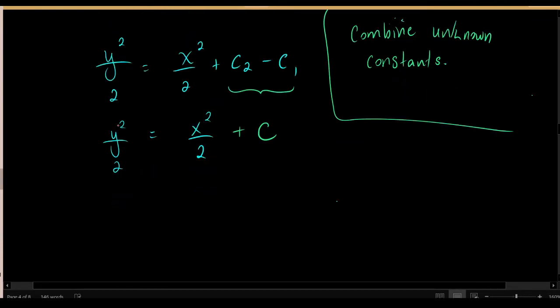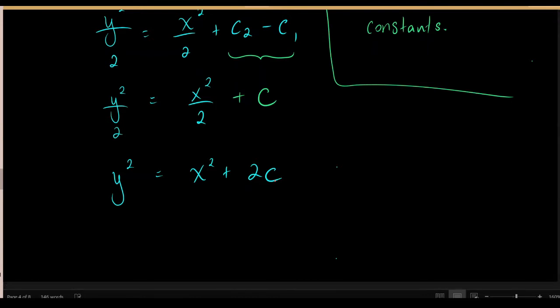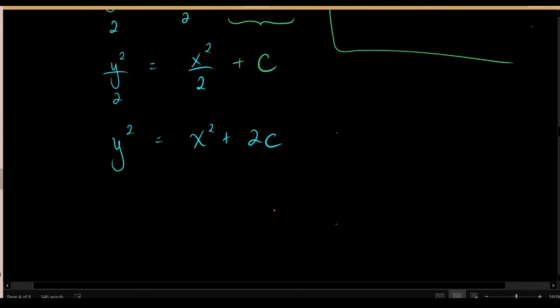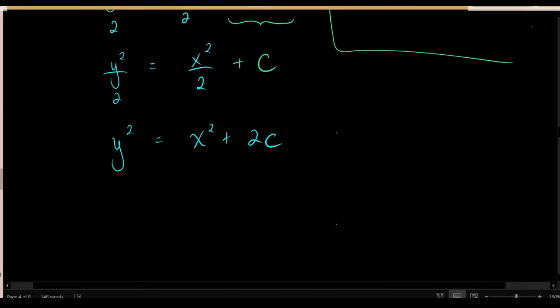So still in pursuit of solving for y, let's multiply everything by 2. But again, let's use the same idea. If c is some unknown constant, then 2 times c is just going to be some other unknown constant. So writing 2c is kind of useless, since c is just a stand-in for some arbitrary unknown real number.